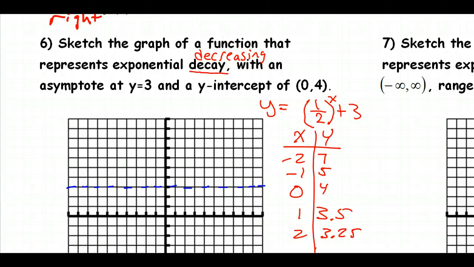As I graph the rest of these points, -2 is at 7. -1 is at 5. 0 is at 4. And then 3.5 and 3.25. Those are the values that we've got to work with. As you draw your graph, it's going to be looking something like this.